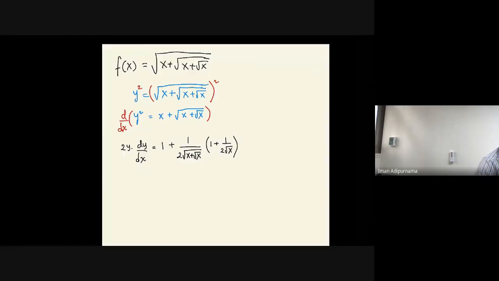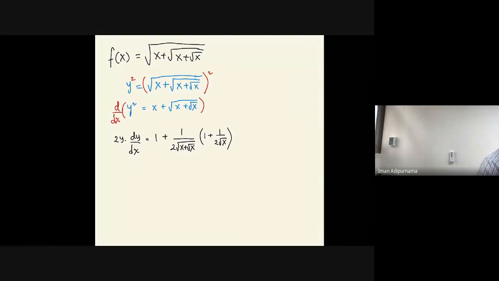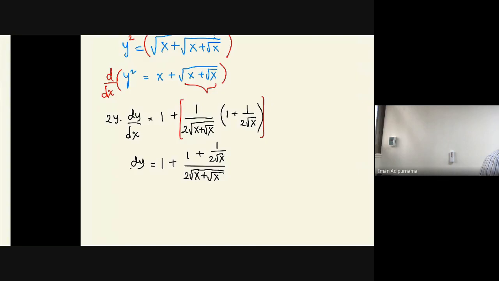Let me simplify. This whole thing is in the bracket. So 1 plus, actually from this function I can make a pattern like this. And you still have dy/dx and 2y.